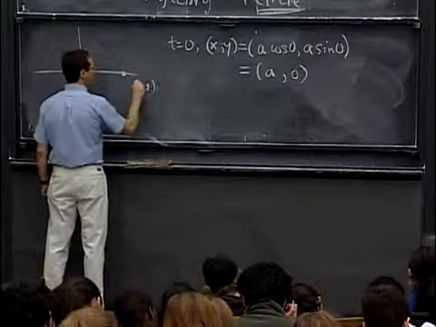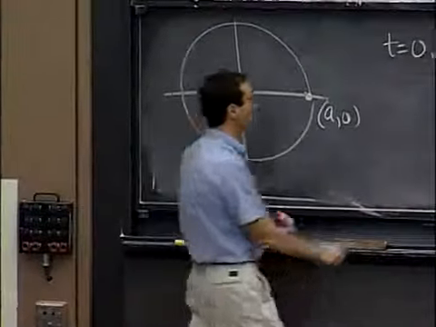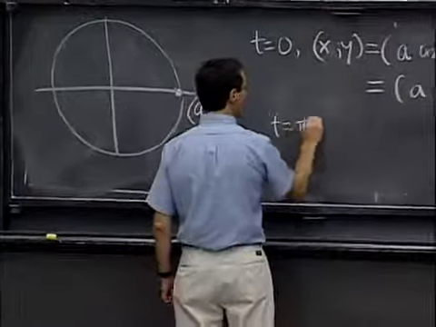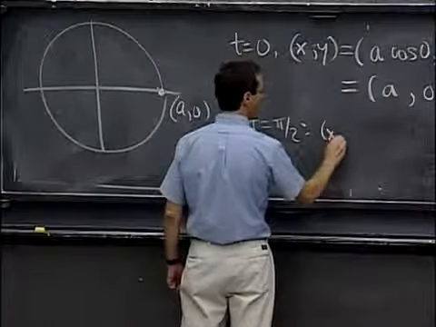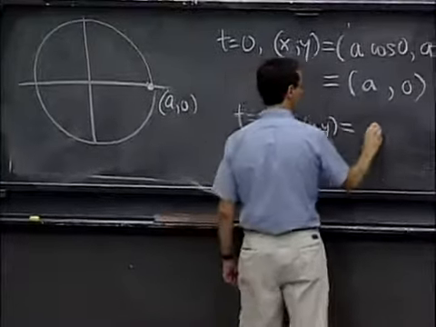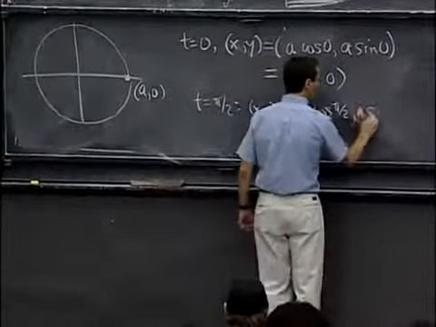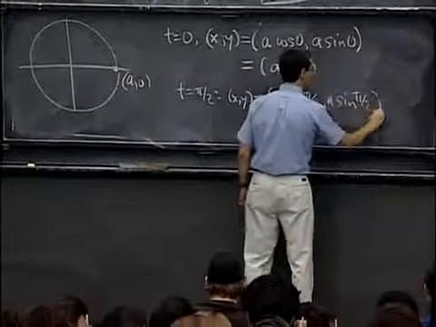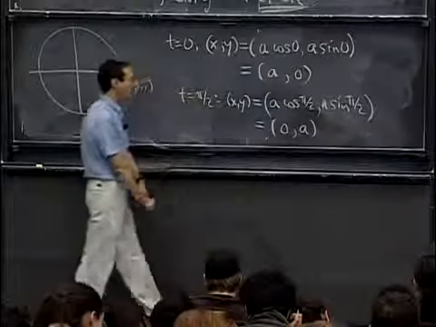We know that it's the circle of radius a, so we know that the curve is going to go around like this somehow. So let's see what happens at t equals pi over 2. At that point, we have x, y equal to a cosine pi over 2, a sine pi over 2, which is 0, a, because sine of pi over 2 is 1.